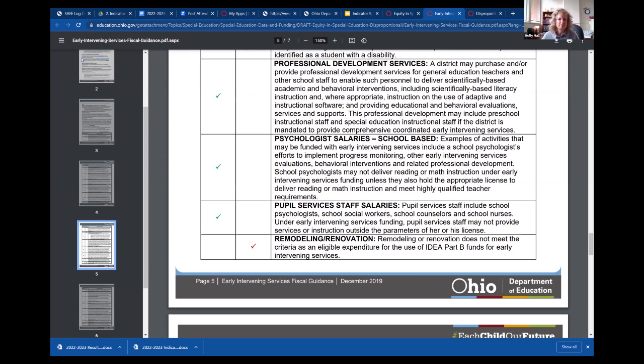So, yes. One of the things we've had lots of conversation around is that oftentimes, in discussion, some want to use these funds specific to students with disabilities.